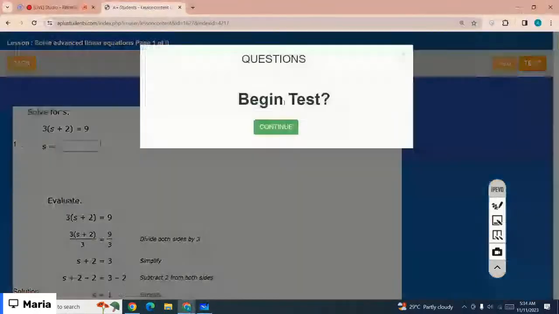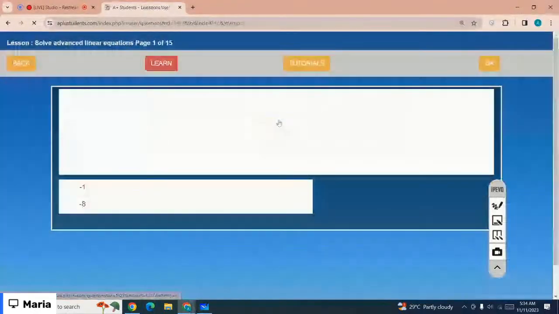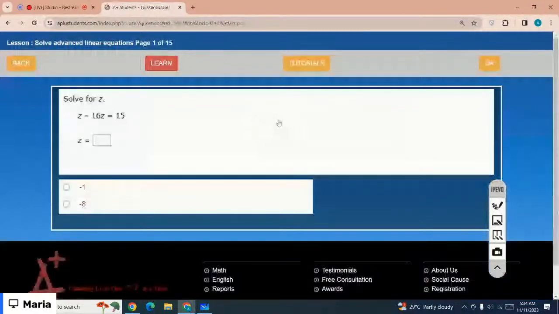Okay, let's just start with the test questions. Okay, z minus 16z equals 15. So which is the correct option? Minus 15z equals 15, right?